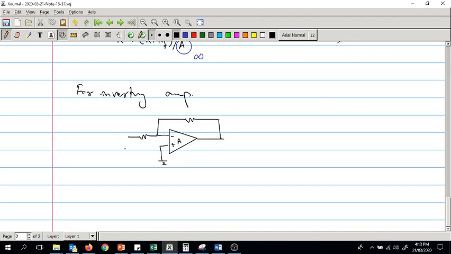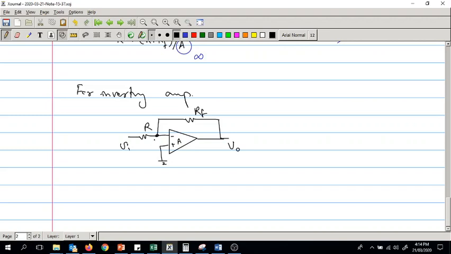So this is your VI, this is your V out, RF over R. Now here what is actually beta? In this case it is a little bit difficult for us to manipulate like what we did in the non-inverting amplifier, because we actually can't extract a full beta circuit. This is actually our VF, right?